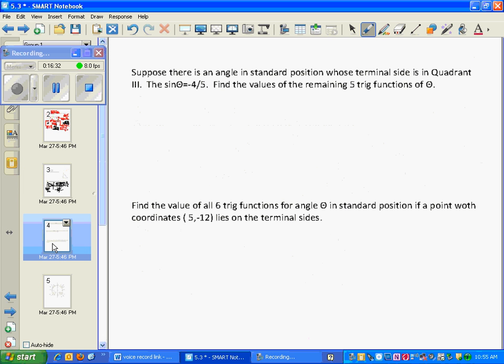All right, so here we go. Suppose there is an angle in standard position whose terminal side is in quadrant 3. So, draw your right triangle. This is my vector right here. This is my angle that I've rotated, and I'm ending up in quadrant 3. That's what it's telling me, right?